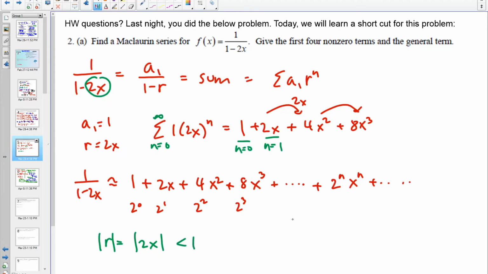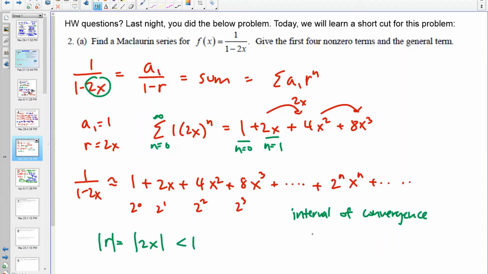So if they ask you for the interval of convergence here, this may not be equal all the time, okay? That's why I put a squiggly here. It may not be equal all the time. These two sides are only equal when the absolute value of 2x is less than 1.